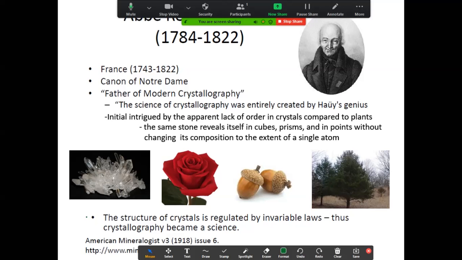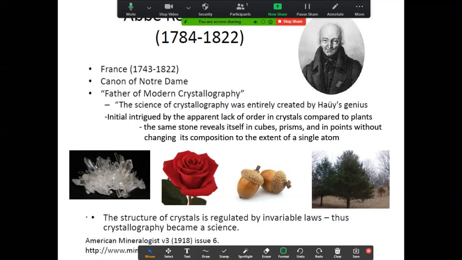And what led him to create this new branch of science was that he was amazed about the apparent lack of order in crystals compared to plants. So if you look at a rose, each rose is the same. You know, particularly if you have a red rose, every red rose looks the same. Every acorn looks the same. Every leaf on a tree looks the same. So there's a lot of order in living things.